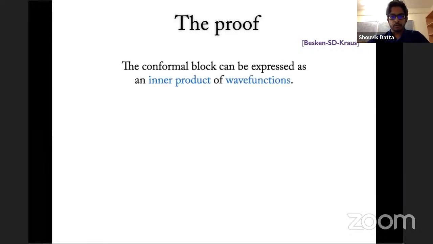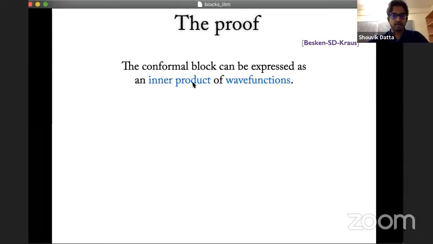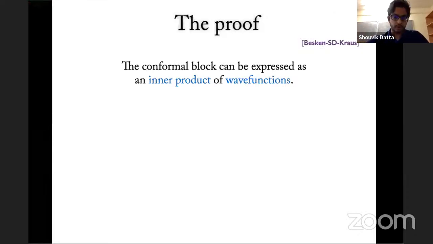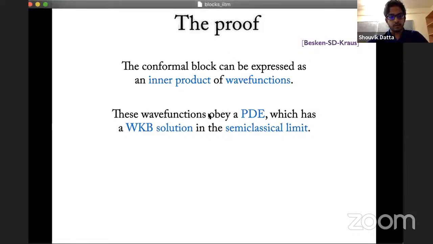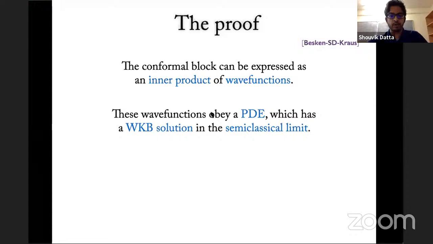Okay, so the first step will involve writing the conformal block as an inner product of some suitable wave functions in some suitable variables, which I'll be telling you about. And owing to conformal symmetry, these wave functions obey a constraint, which is given by a partial differential equation.